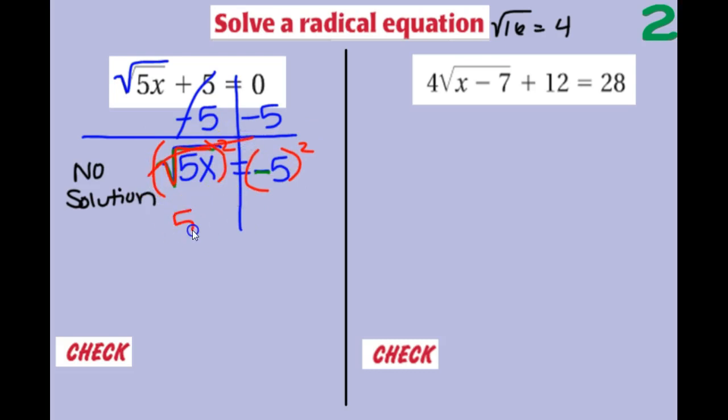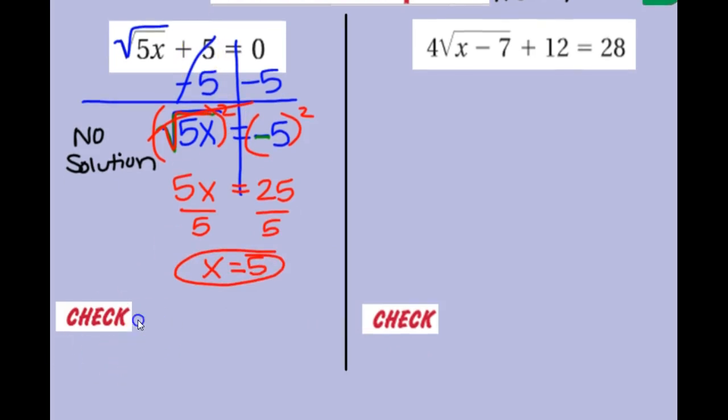Those would cancel and leave us with 5x equal to negative 5 squared, which is positive 25, because a negative times a negative is positive. If I divide by 5, I get x equals 5. But if I go to check that, I have the square root of 5 times x, which is also 5, plus 5 equals 0.